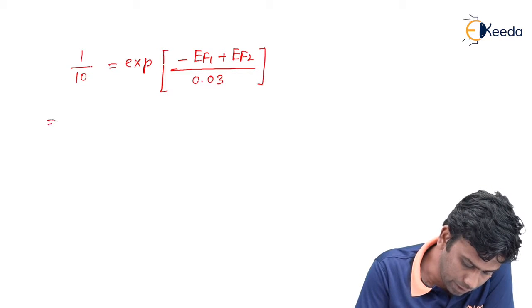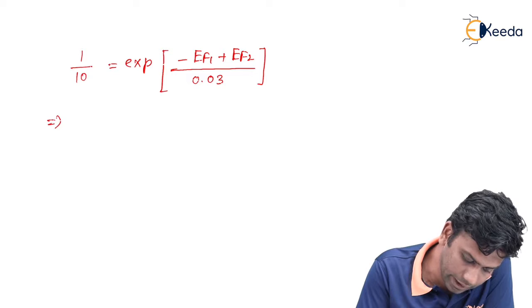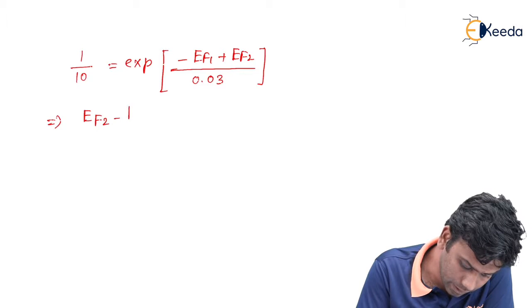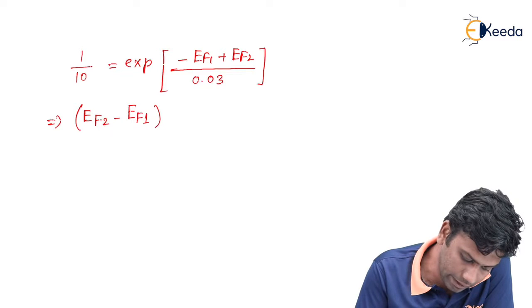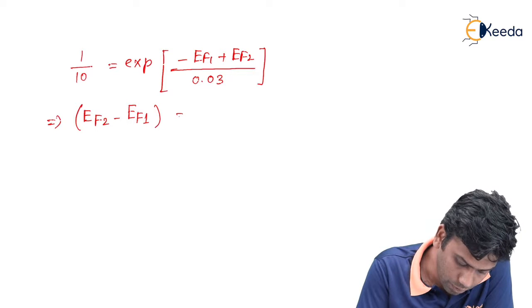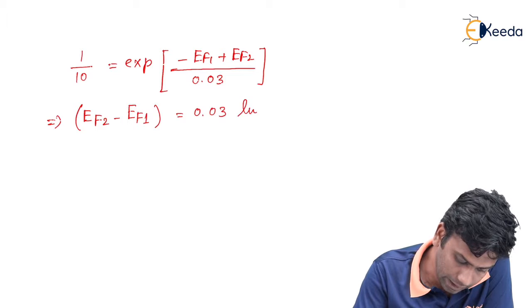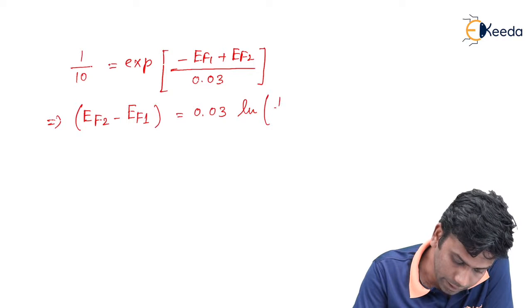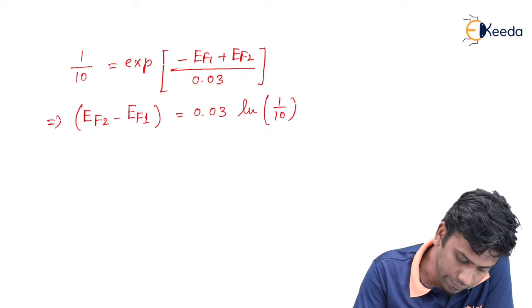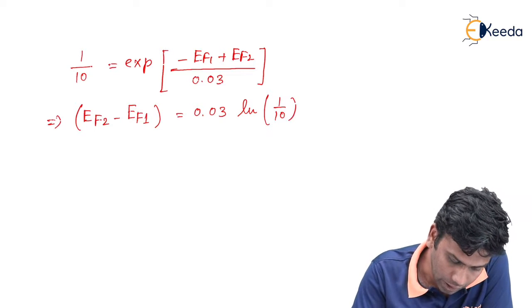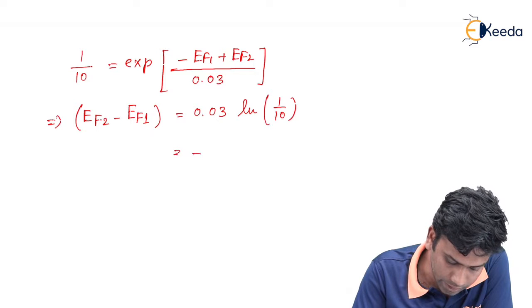So, from this equation we can calculate directly the value of EF2 minus EF1, that is equal to 0.03 ln 1 by 10.